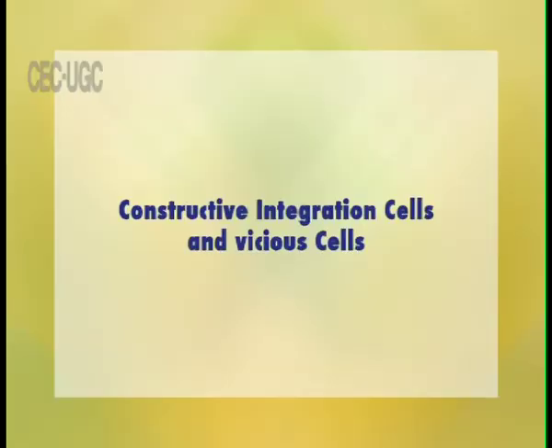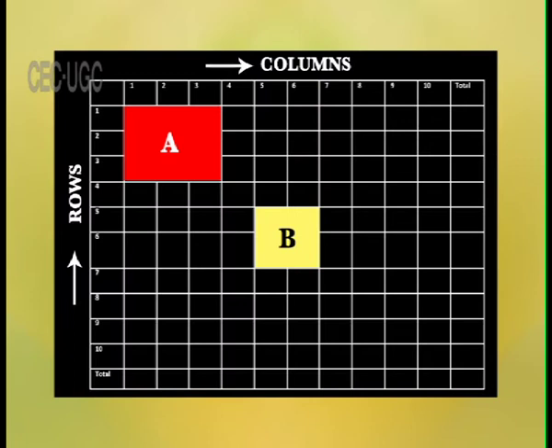Now, seventh, constructive integration cells and vicious cells. Two areas that are most sensitive to the positive and negative aspects of social skill in the teacher-student relationship. Area A might be called constructive integrative cells, while area B is called vicious cells.